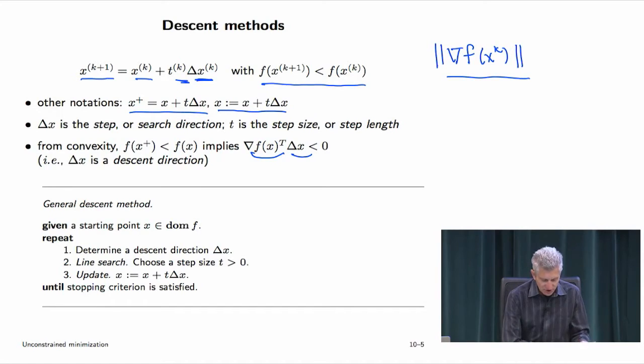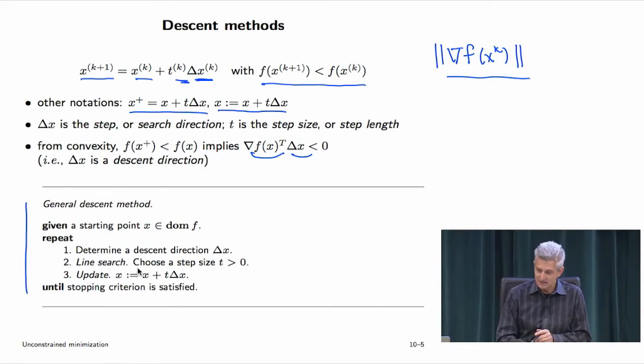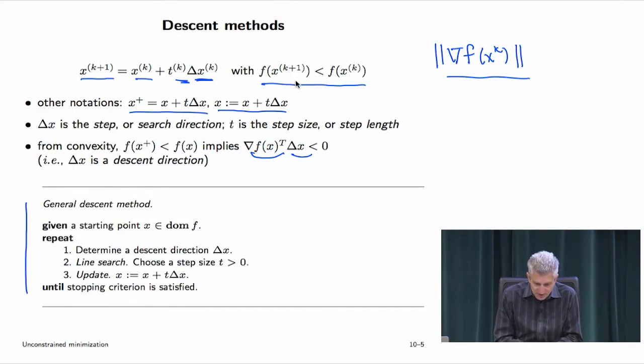So here's a generic scheme. It's a gradient descent method, and it looks like this. You're given a starting point in the domain, and at each step you determine a descent direction. Now we have to instantiate that to make this a real algorithm, so this is like a prototype, right? You find a descent direction. We're going to see tons of ways to do that. Then you do a line search. Again, tons of ways. But you have to choose t so that this holds up here, and possibly some more, right?